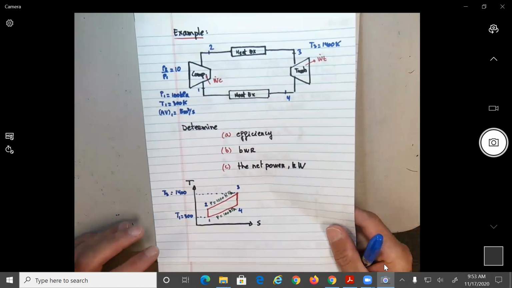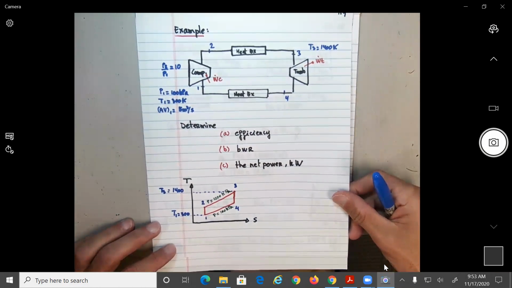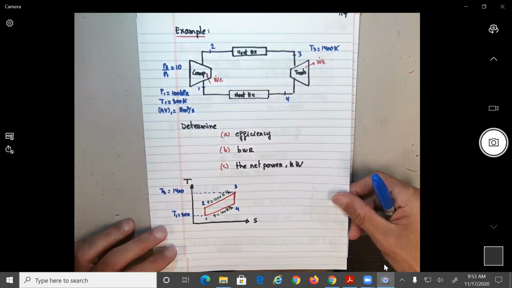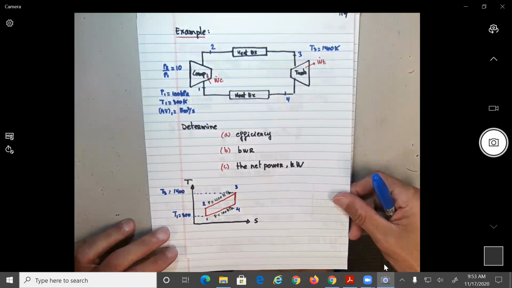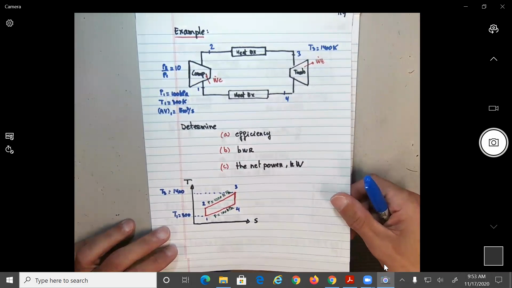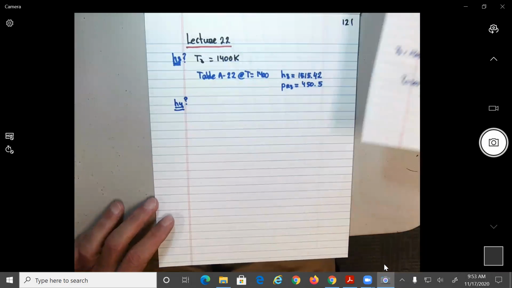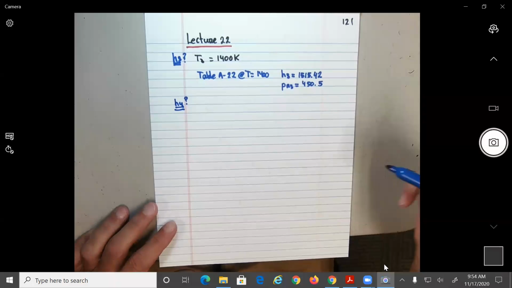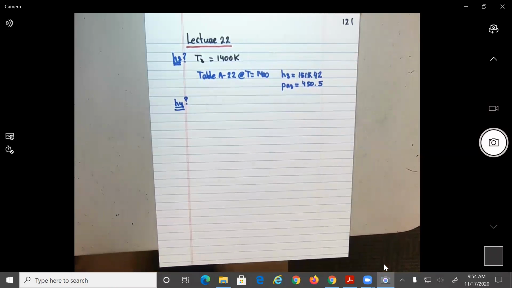So what do we know about 4? Okay, so from the figure, it doesn't look like we know too much. The only thing we know is that the turbine is operating isentropically, so S3 would be equal to S4.